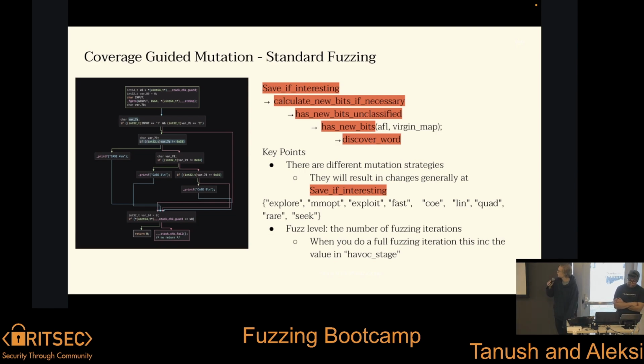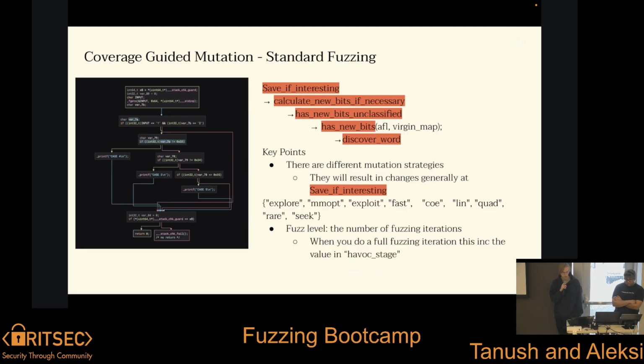And then, a bit tangentially, discover word is also there. Basically, the point of that is that fuzzers will often struggle to get past so-called magic values or hard-coded strings. So for example, if you had a GET or a POST somewhere in your binary, or just some random digit, it's not going to be easy for the fuzzer to discover those or know the correct input to get past.